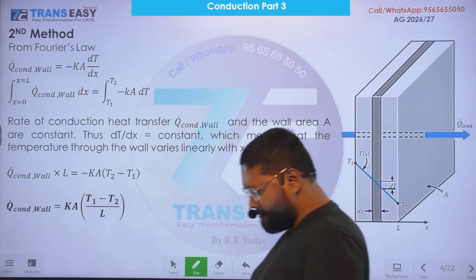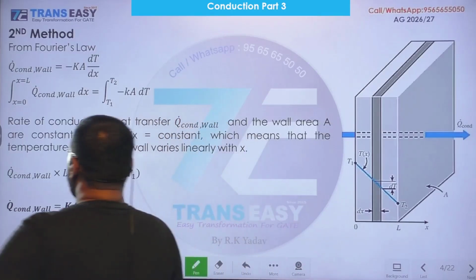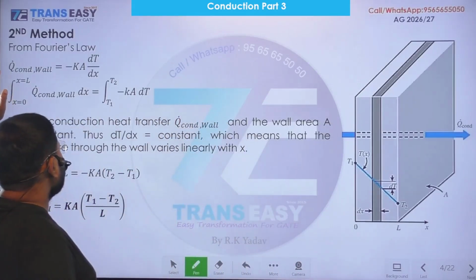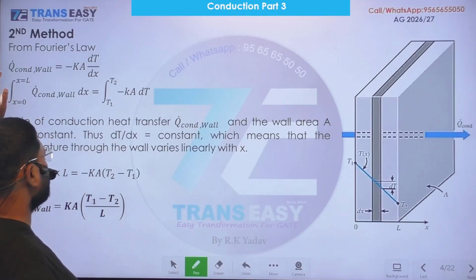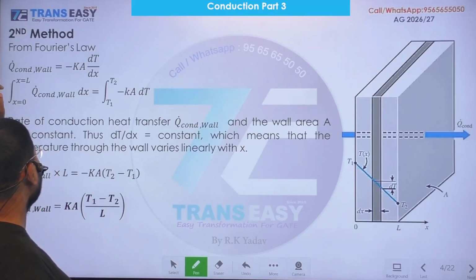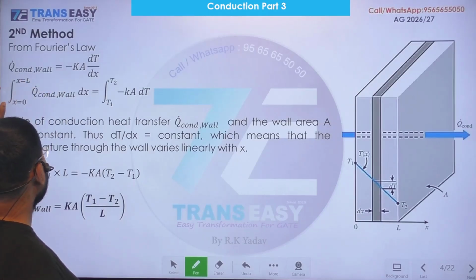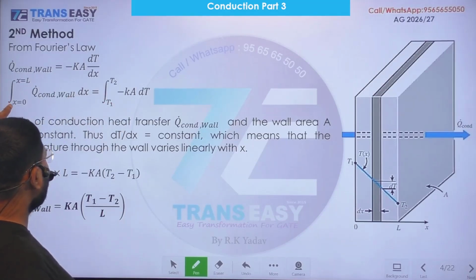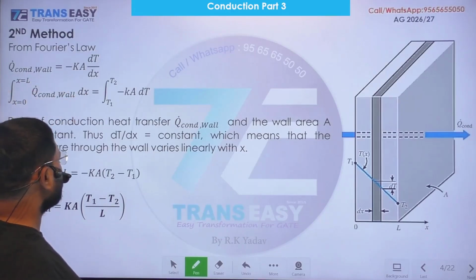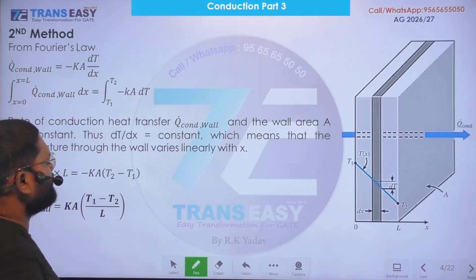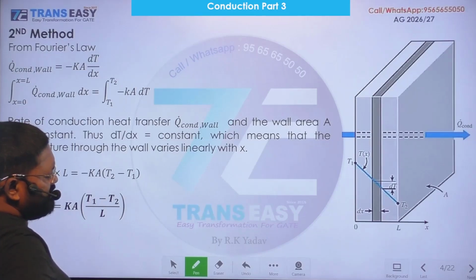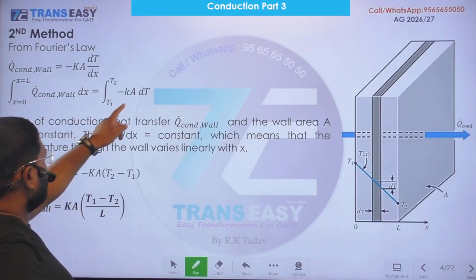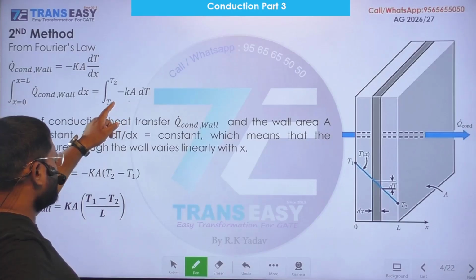Second method. Heat conduction through wall is equal to minus k A dT dx. Apply variable separable, bring dx here and minus kA dT. Here we are integrating with respect to x, so put the limit of x on the left hand side. Lower limit of x is equal to 0. Here we will put the limit of T is equal to T1.